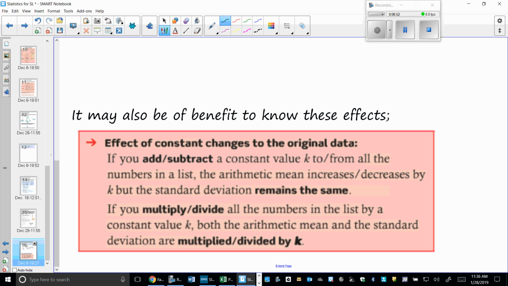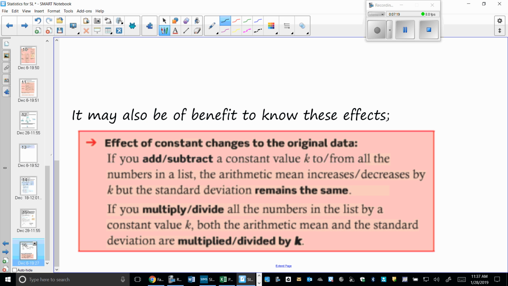So it says here, the effect of constant changes to the original data. What they might say is that your data had a standard deviation of so and so, what would happen if? If you add or subtract a constant value to or from every number in your list, then the mean is going to increase or decrease by that value. Makes sense?